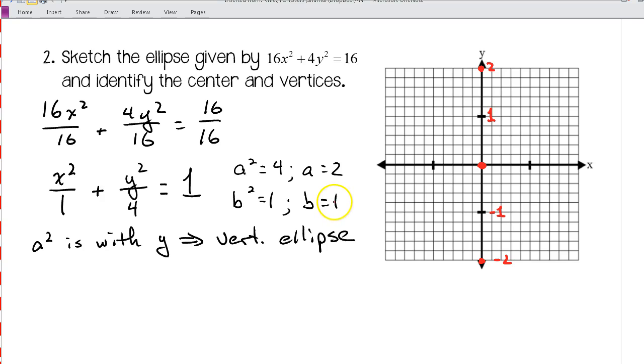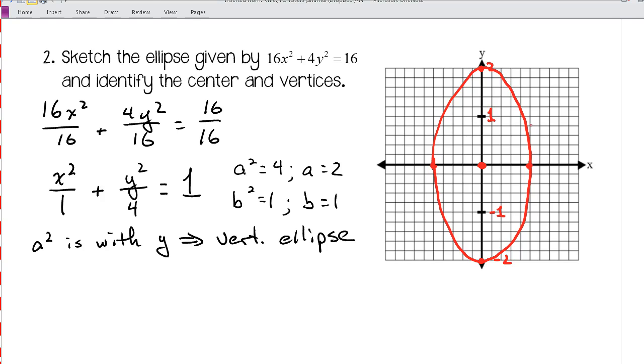And then we're going to go b in the other direction. So 1 to the right and 1 to the left. And we can just sketch in our ellipse. Be careful around the end so it's not too pointy.